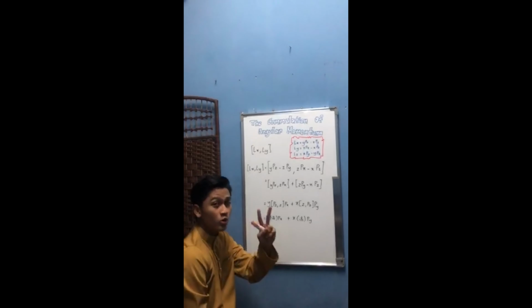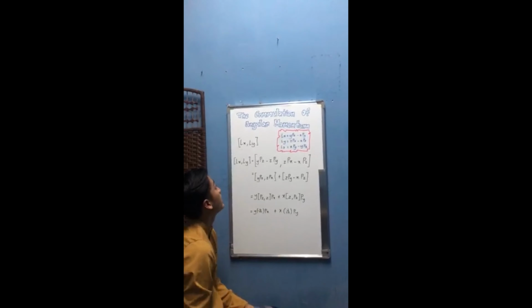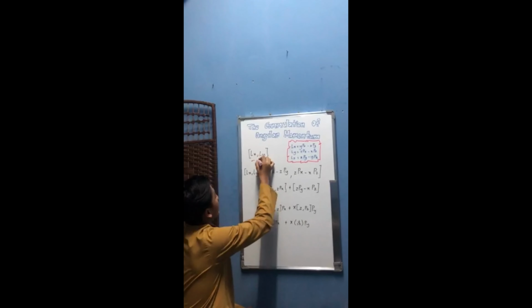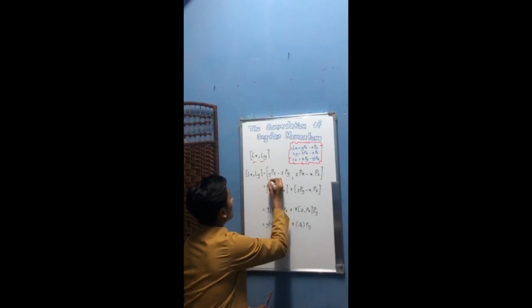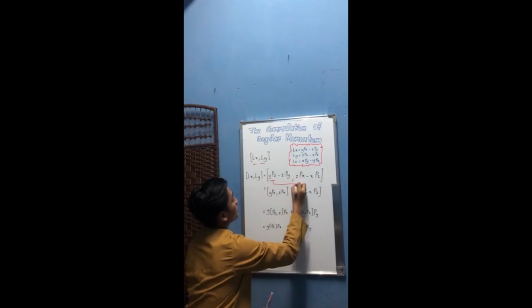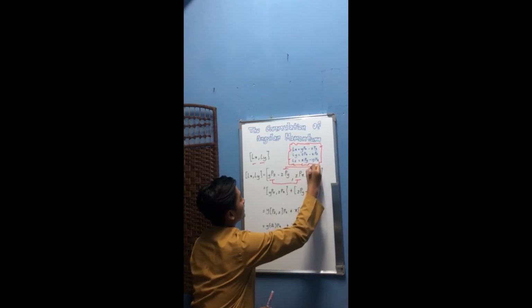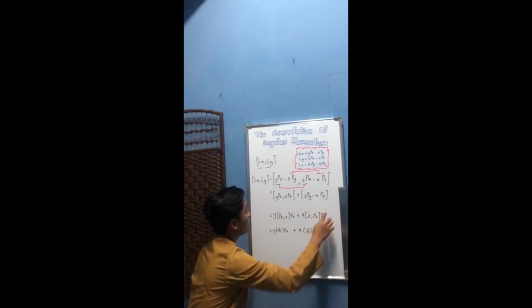First, we have to choose two of the three operators, either Lx, Ly or Lz. In this case, we choose Lx and Ly. Substitute this, and ypz will interact with zpx, and zpy will interact with xpz. So we get this term.